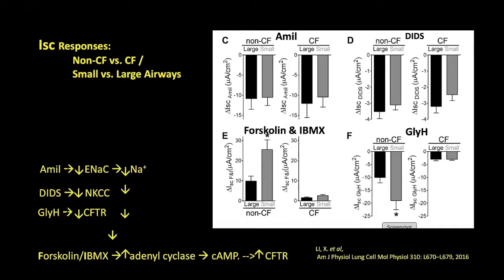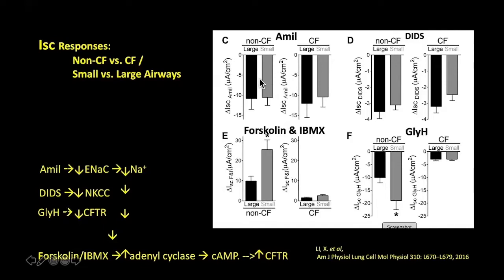So here we see, if we apply amiloride as an inhibitor. And as you probably know, amiloride is a very selective inhibitor of the sodium channel, and it prevents sodium absorption. So if we apply amiloride to a non-CF lung and look at the effects on the large airway tissue versus the small airway tissue, we see that it affects both almost equally.